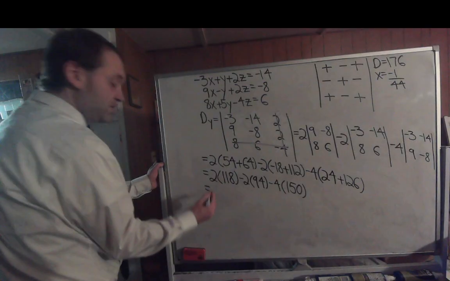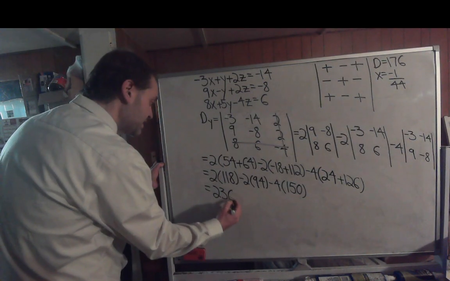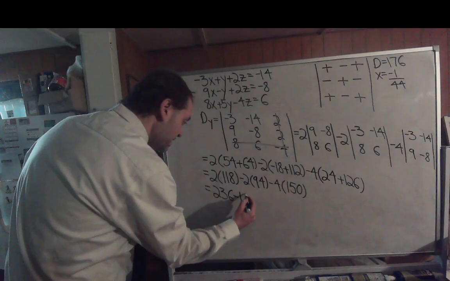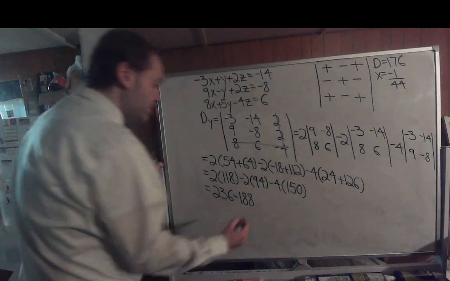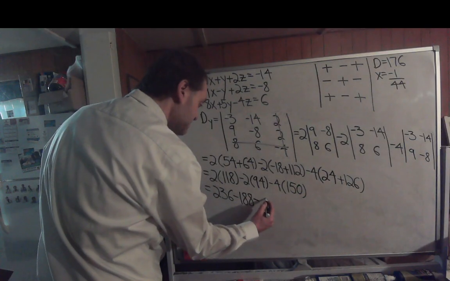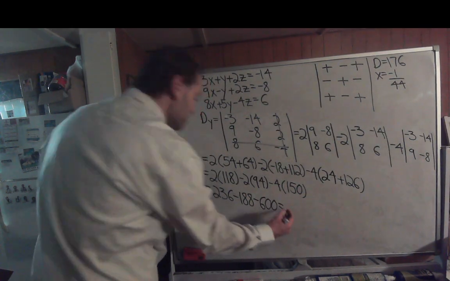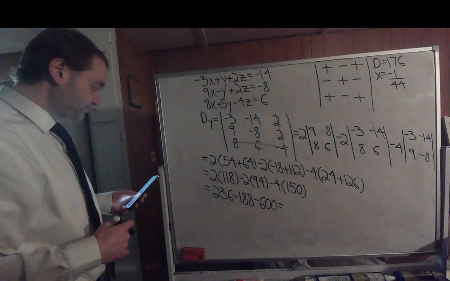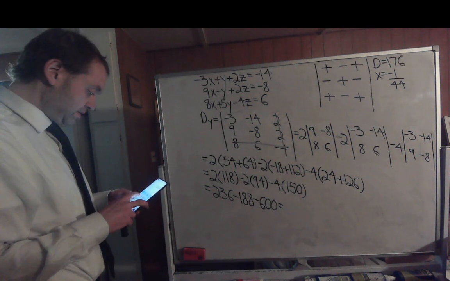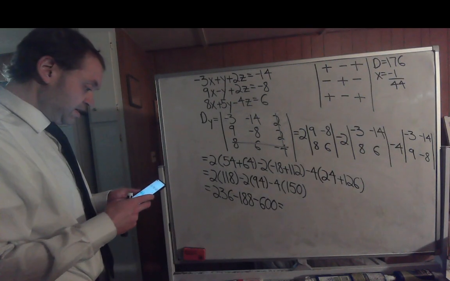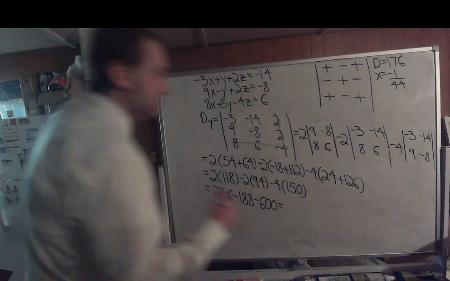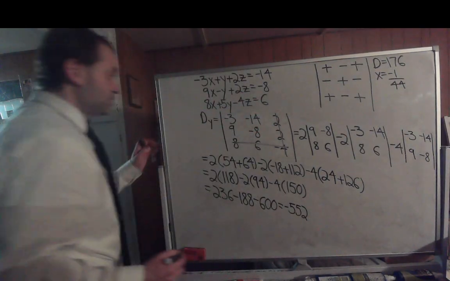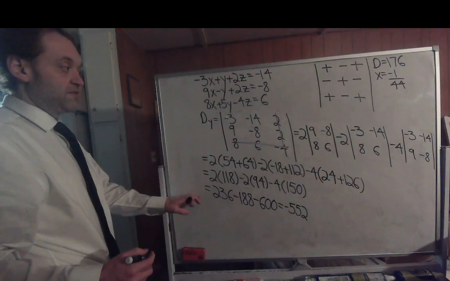Alright, so 2 times 118 is 236. Minus that 2 times 94, that would be 188. Minus 4 times 150, that's minus 600. So we're going to have a large negative number here. That gives you negative 552. So d sub y is negative 552.